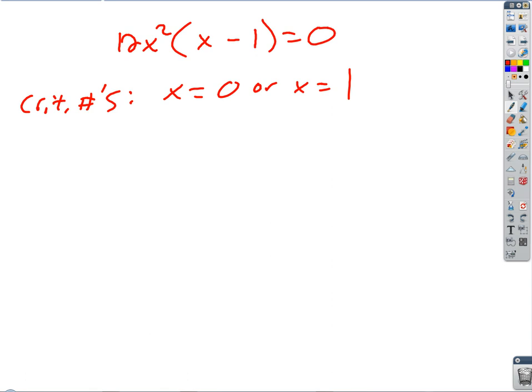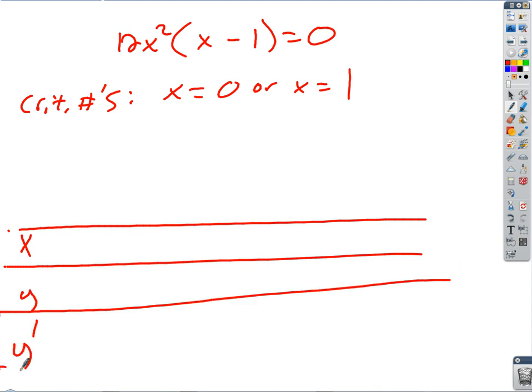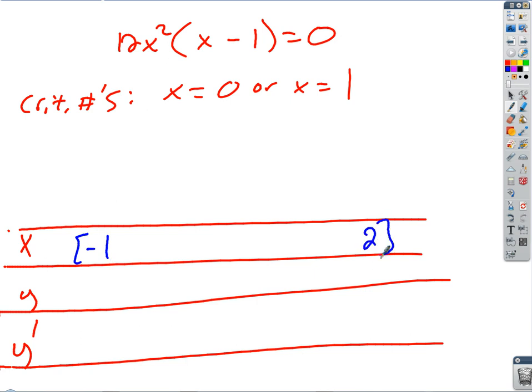So in this case, our table might look like this. We've got x, and we've got y, and we've got y prime, right? When we put our values in, our endpoints were at -1 and +2. So we're going to put the closed brackets around those.